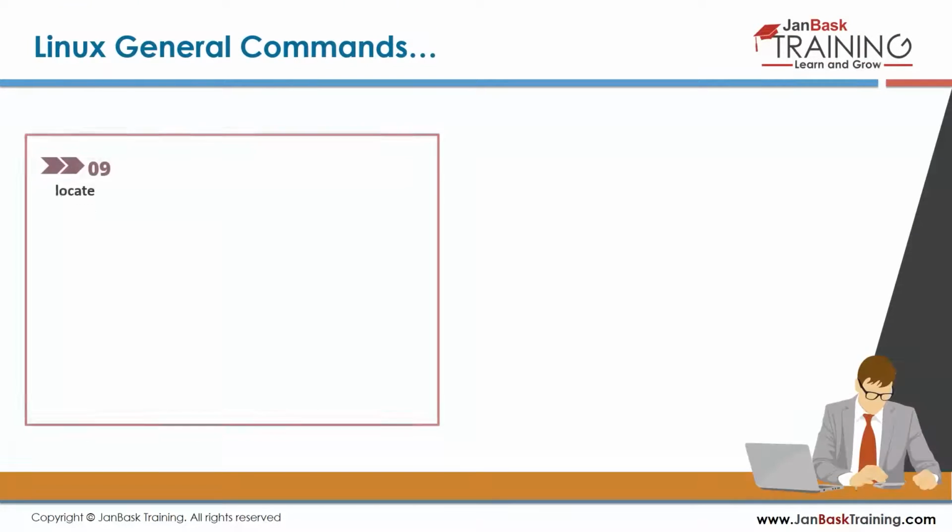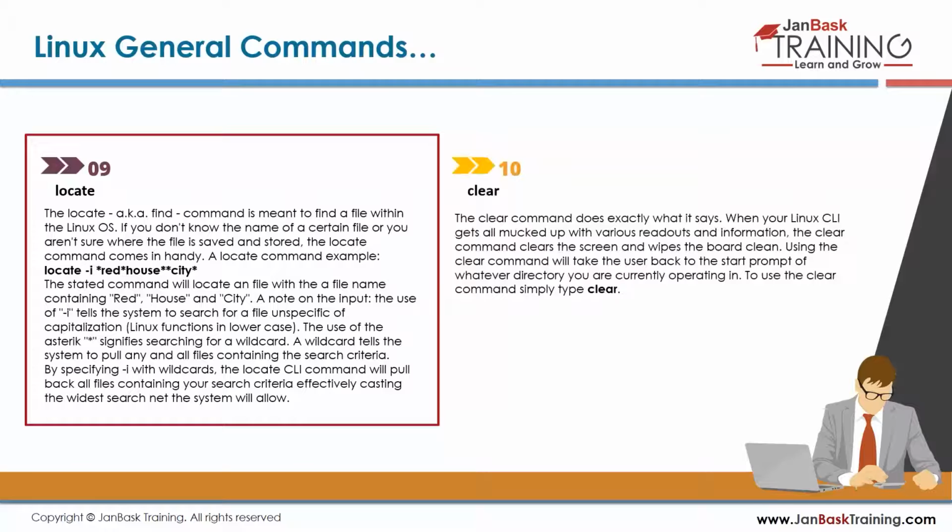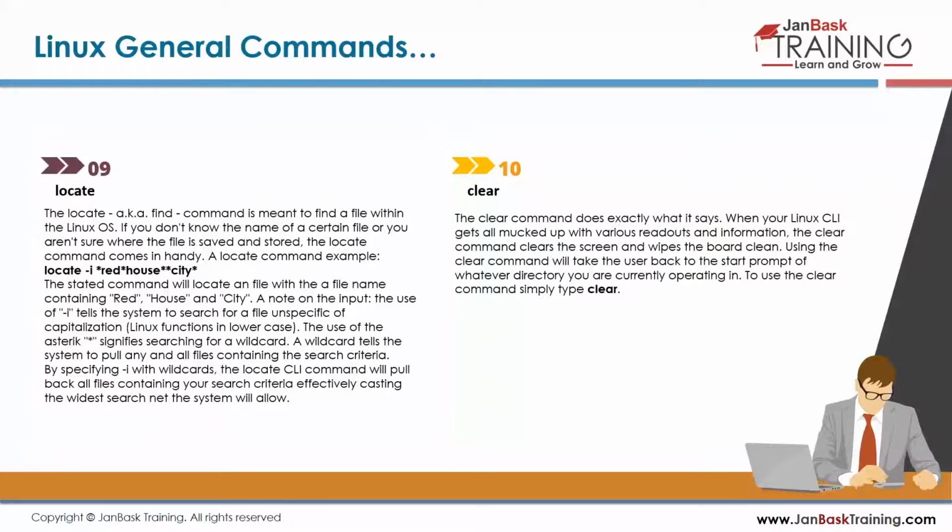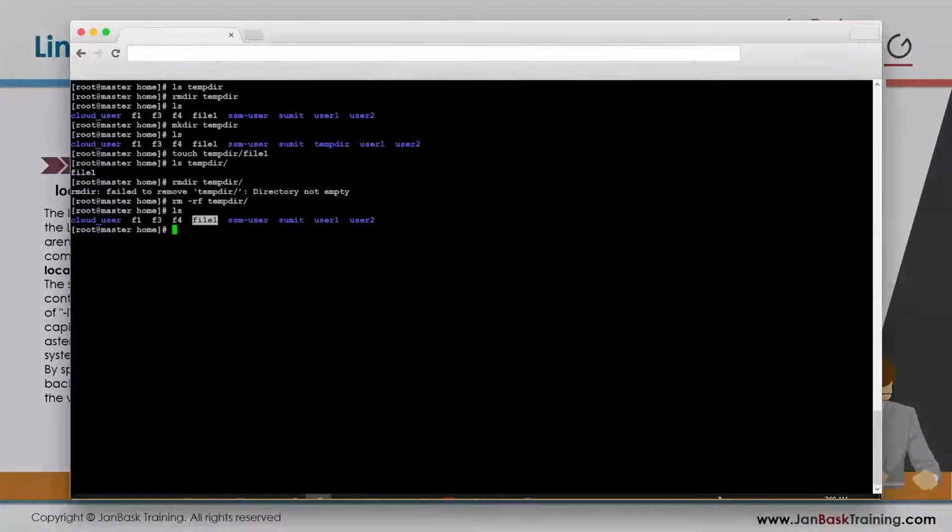Locate. Now let's see what locate is. This command gives me the details, or the exact path, of any command or any file. For example, I hit the command locate and I give the argument file1. It gives me all the locations where this file resides.